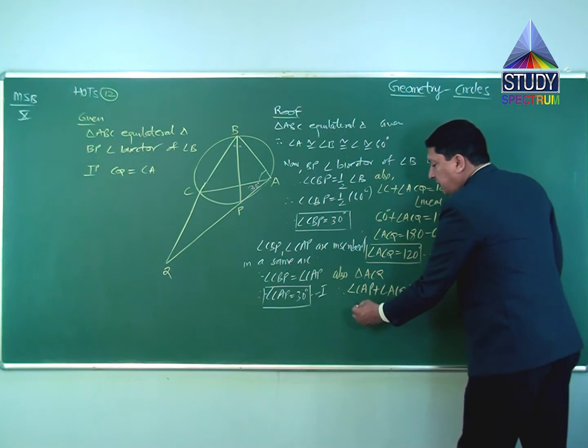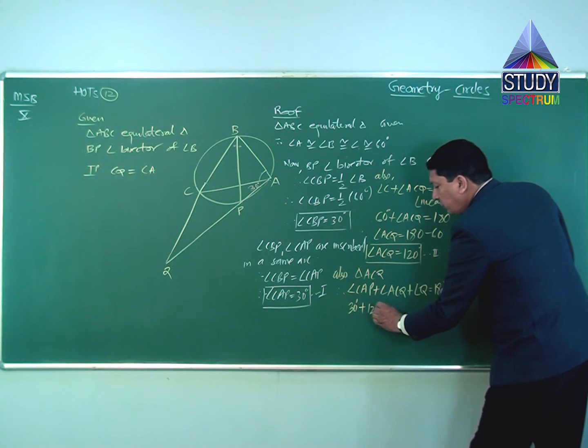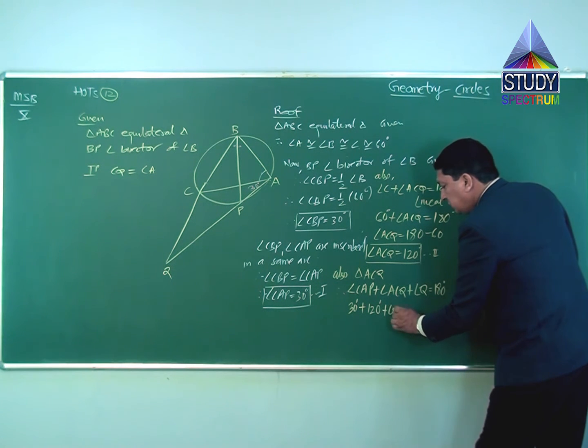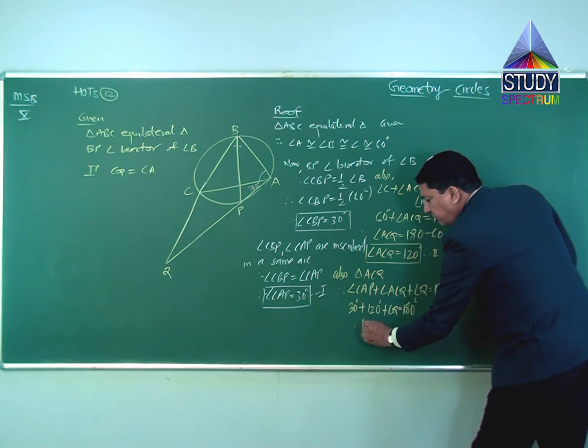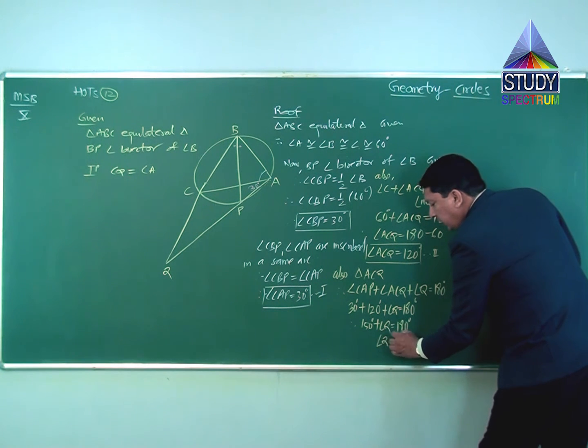So now CAP is 30 degree from 1, ACQ is 120 degree from 2, plus angle Q is equal to 180 degree. 150 degree plus angle Q is equal to 180 degree. Angle Q becomes 180 minus 150, that is 30 degree. Equation number 3.